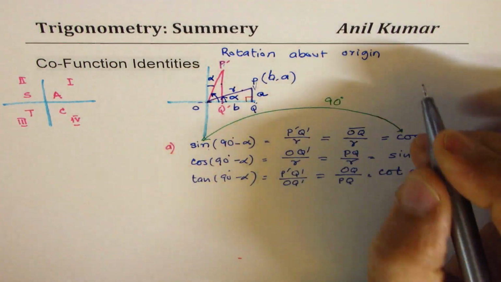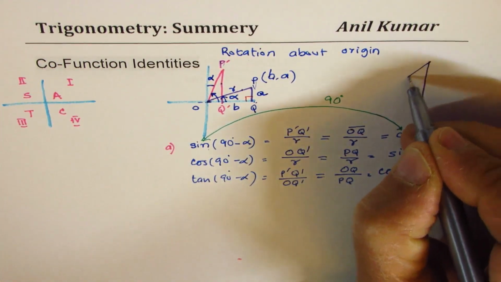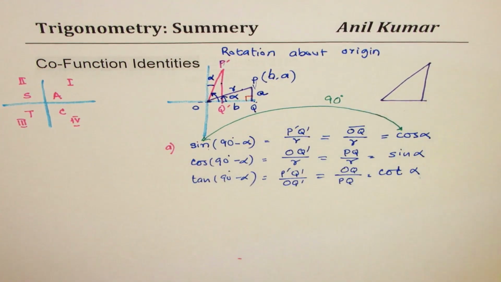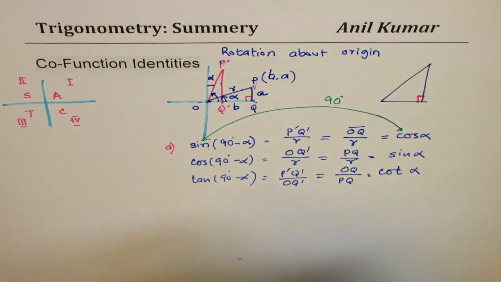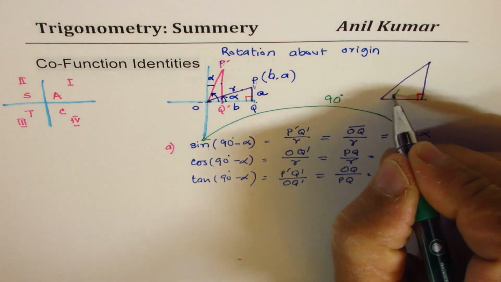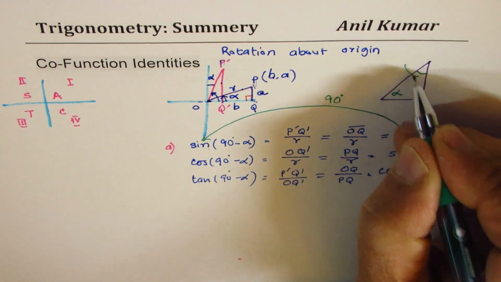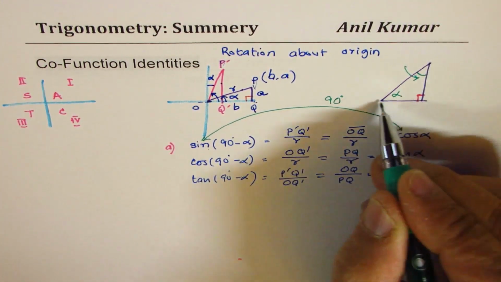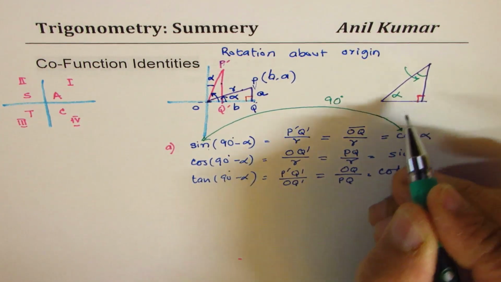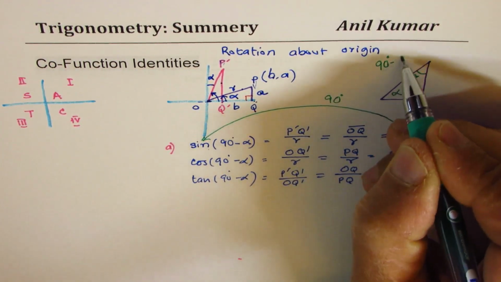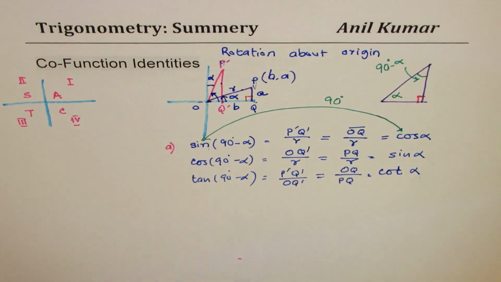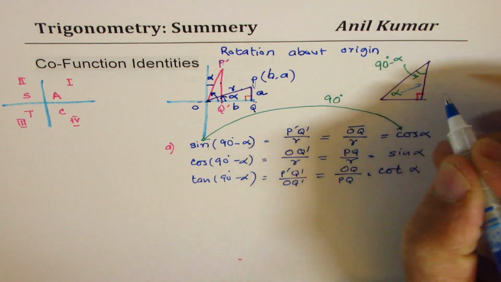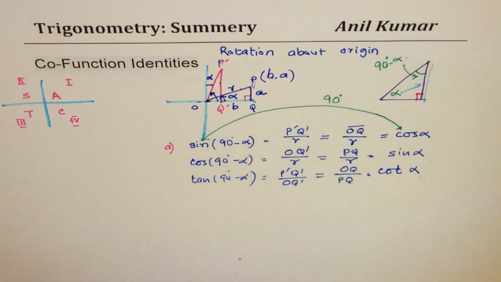And it actually makes sense. Why? Let's look into our triangle once again. If I see a triangle with angle alpha here, then that angle for me is, since the sum is 180 degrees and we already have 90 degrees, 90 degrees minus alpha. Now with respect to alpha, the side which is opposite has become adjacent for 90 minus alpha.